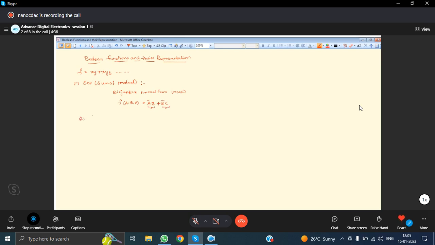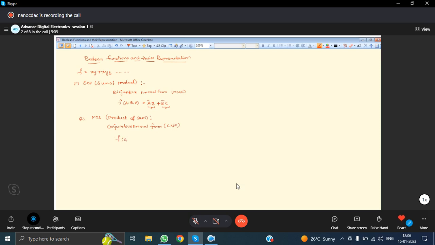Similarly, POS is nothing but product of sum, and this is also called conjunctive normal form, or CNF.